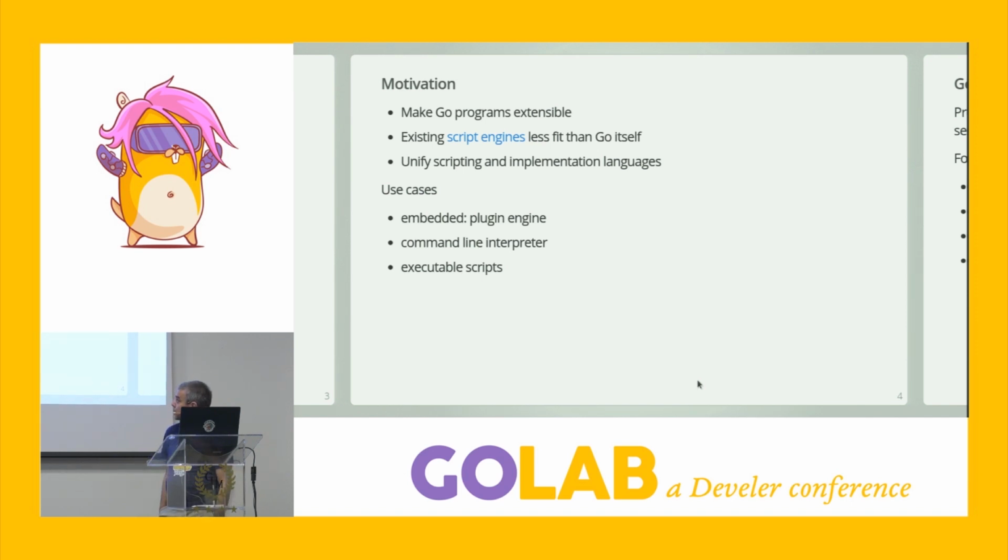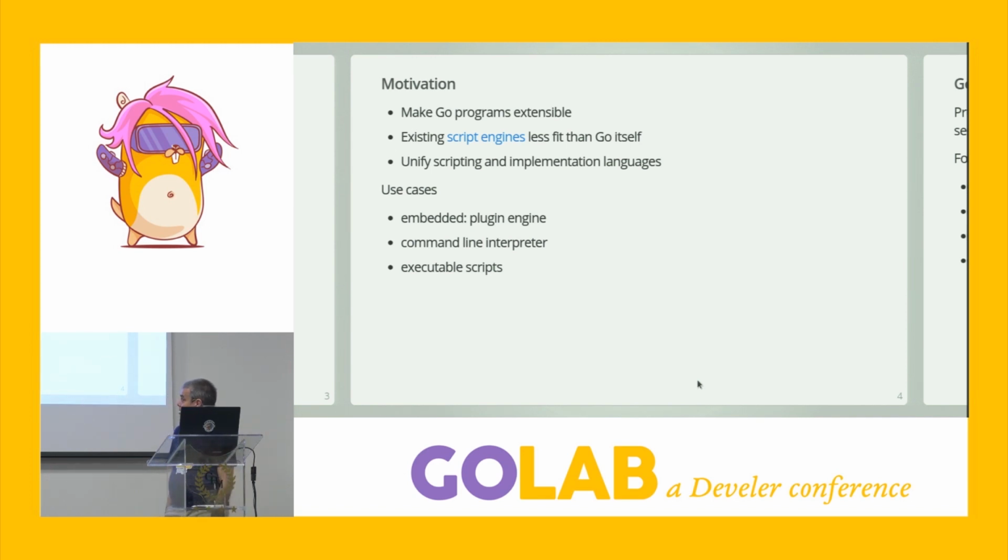So with using Go as a scripting language, we really see an opportunity to unify high-level scripting and compiling. So what are the main use cases? Of course, we could have command line interpreters.